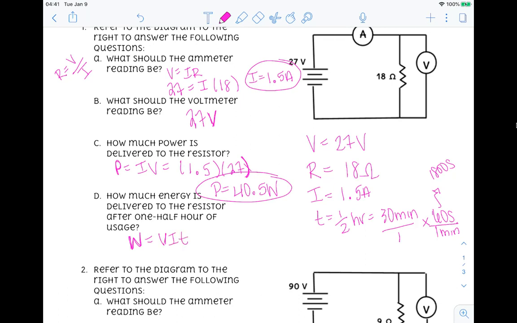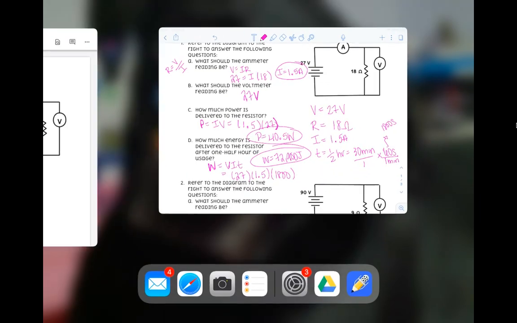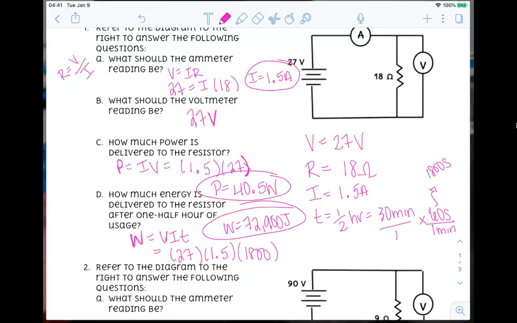So V is our 27, I is 1.5, and our T we solved to be 1800 seconds. If we solve for this, our total work should be equal to 27 times 1.5 times 1800, which gives us 72,900, and our units should be joules. All right.